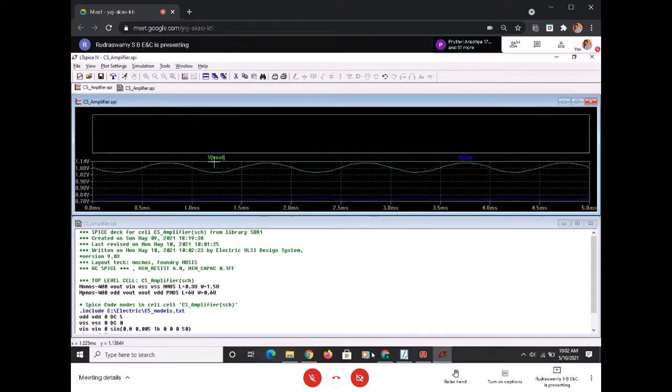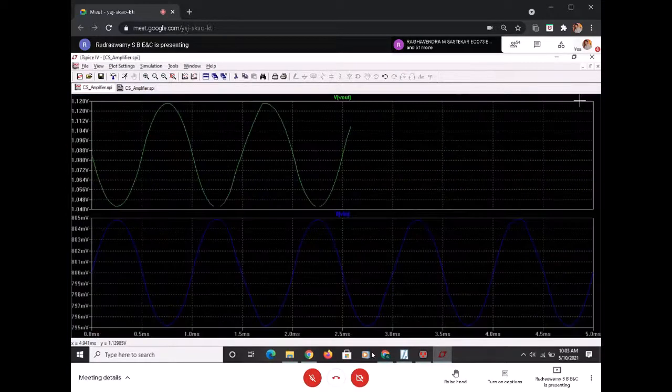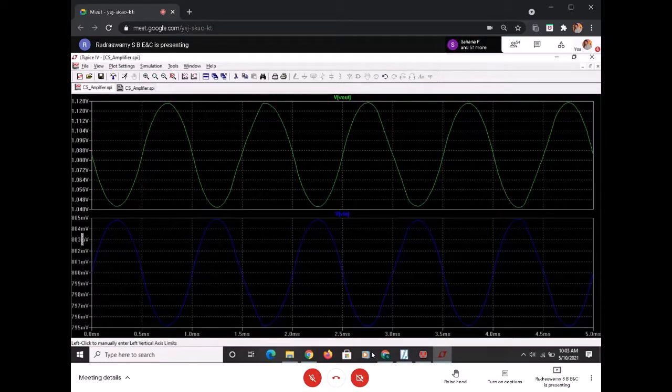I can just take this. Yes, this is still better. You can see that the input is varying in terms of millivolts. If you see the x-axis is with respect to time, transient analysis. The input is varying in millivolts because I had given the same thing. And the output is with respect to volts.